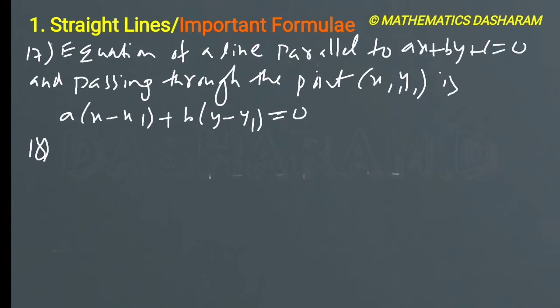Next, the 18th one, same line given. The equation of a line perpendicular to ax plus by plus c equals 0 and passing through the point (x1, y1) is b(x minus x1) minus a(y minus y1) equals 0.